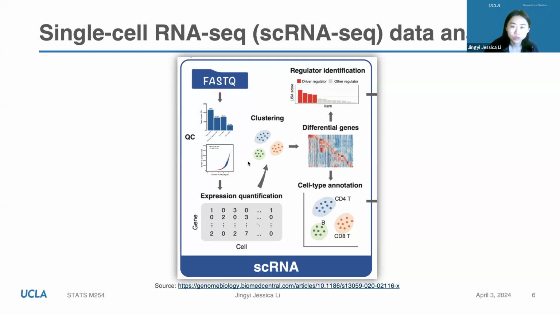And then we use our knowledge to match the highly expressed genes in this cluster to what we know as the marker genes of cell types. So for example, for CD4 T cells, we may know what genes are highly expressed. For B cells, we may know what genes are highly expressed. Then we just match the result from this step to our knowledge to give the cluster a label. So this is called cell type annotation.